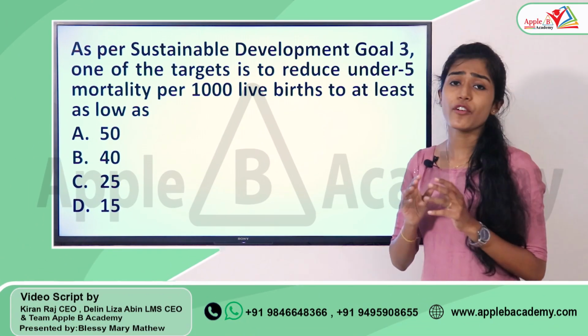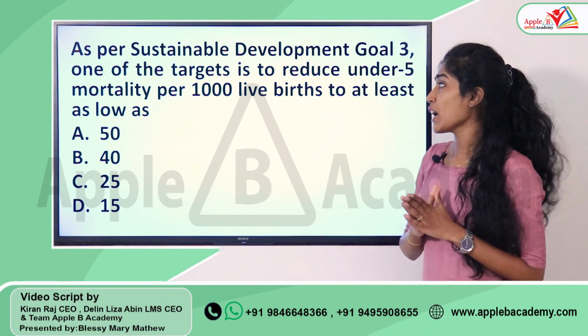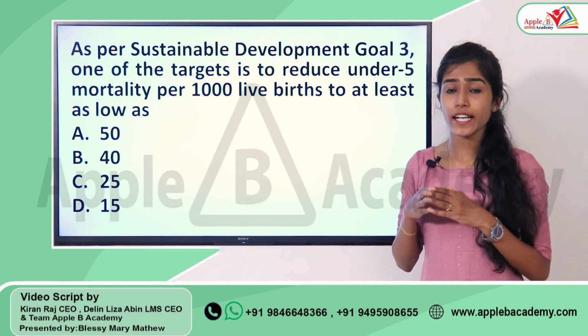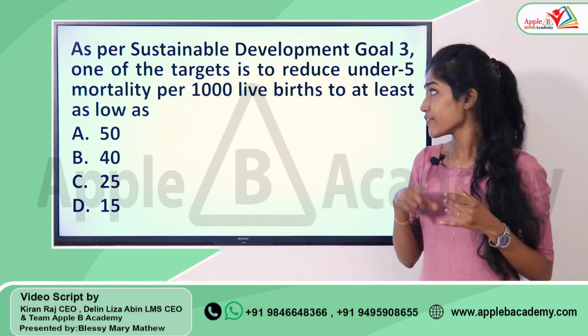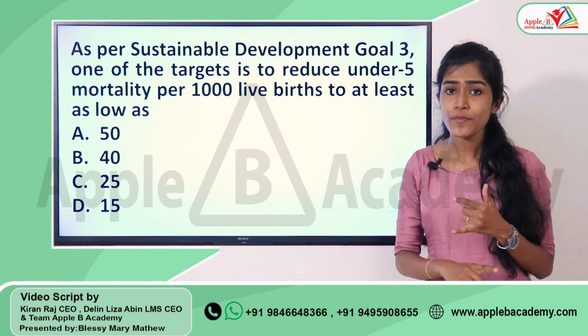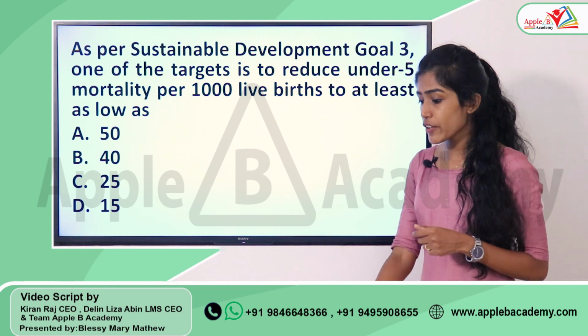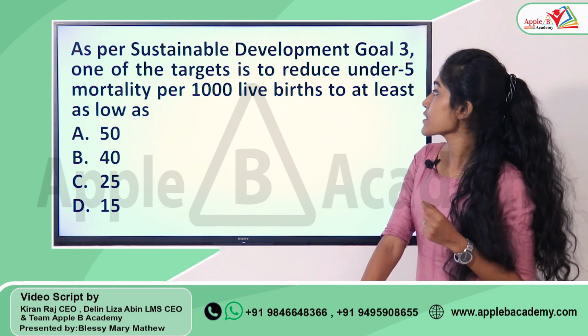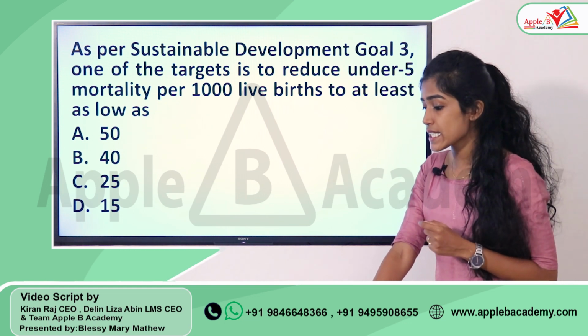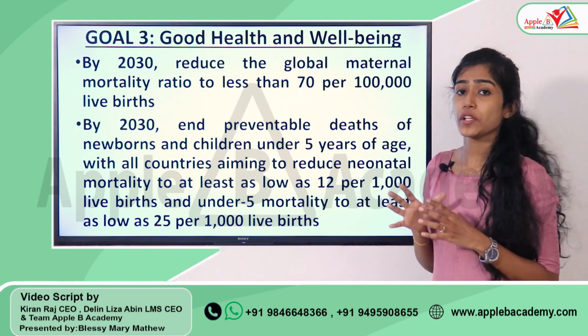So this is not a very easy question in that sense. If you have a very proper idea about the correct sequence or the correct order of SDGs, you can find out which one is goal 3, and again you need to know the targets that are associated with it as well. So if you consider goal 3 of Sustainable Development Goals, that is good health and well-being. So that is goal 3.